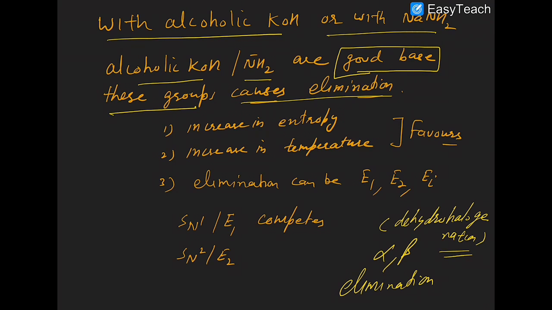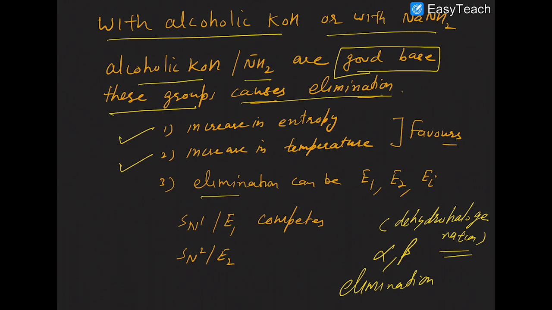This reaction is preferred because there is an increase in entropy in the system, and on supplying heat, increase in temperature also. So increase in entropy and increase in temperature are the two favorable conditions for elimination reaction.